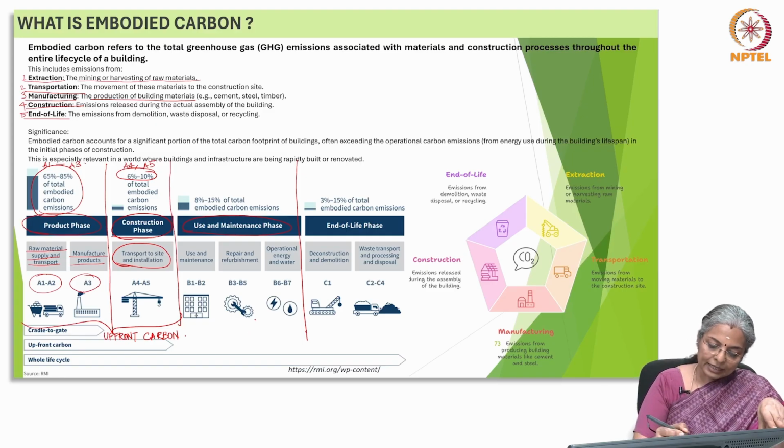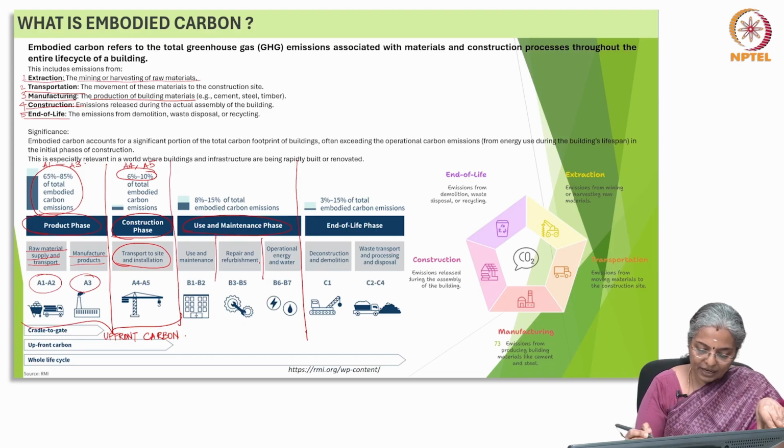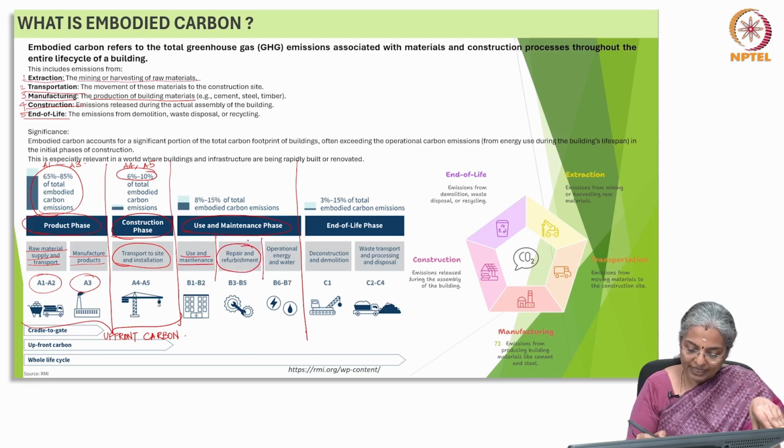And then we have B1, the use and maintenance phase, which is divided into three parts. One is the actual use and maintenance. Second is repair, refurbishment, retrofit, etc. And the third is the operational energy and the water used.